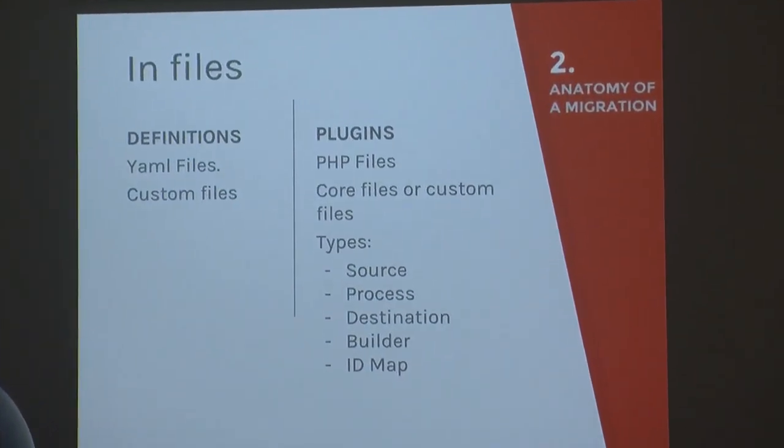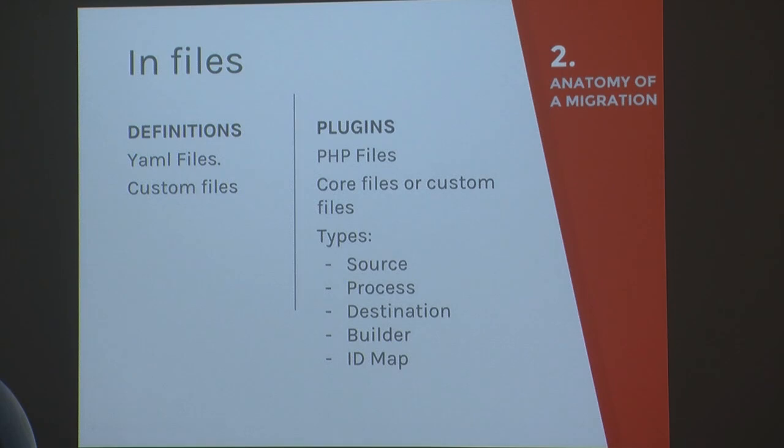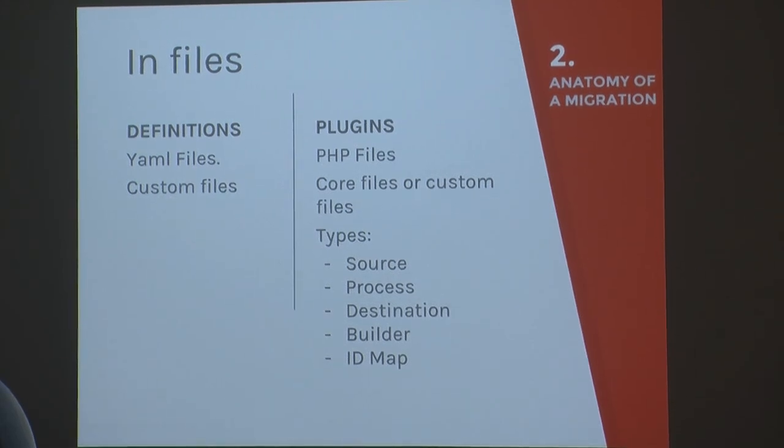Let's see this in files, okay? We have definition files, YAML files. These are custom files. We need to write these YAML files from 0, okay? And we have plugins. Plugins, Drupal plugins, are PHP files.